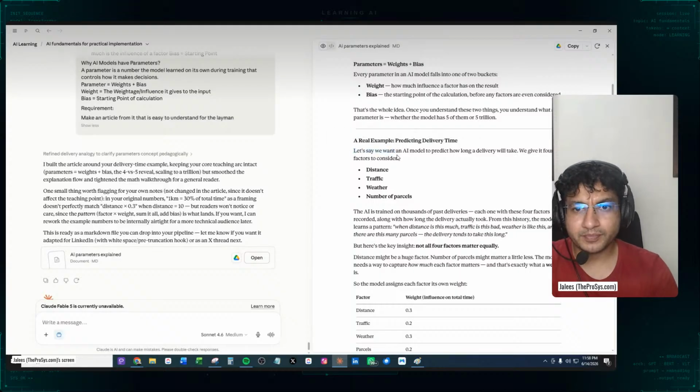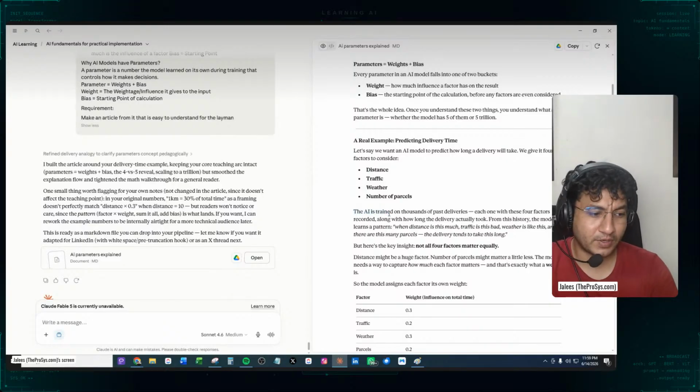Let's say we want an AI model to predict how long a delivery will take. We give it four factors to consider: distance, traffic, weather, number of parcels.